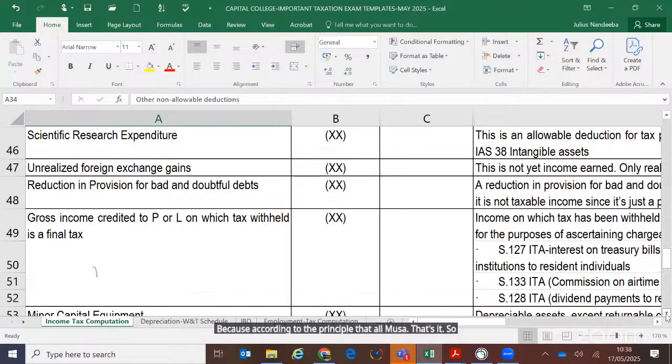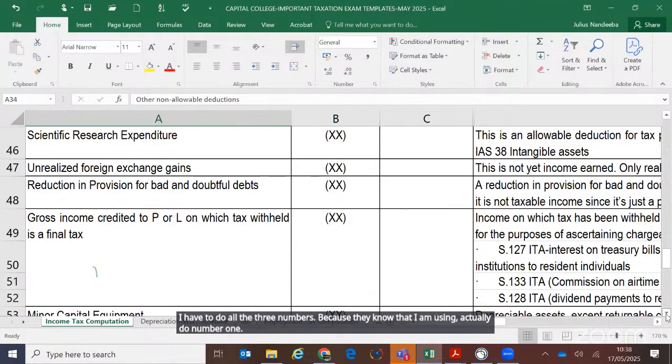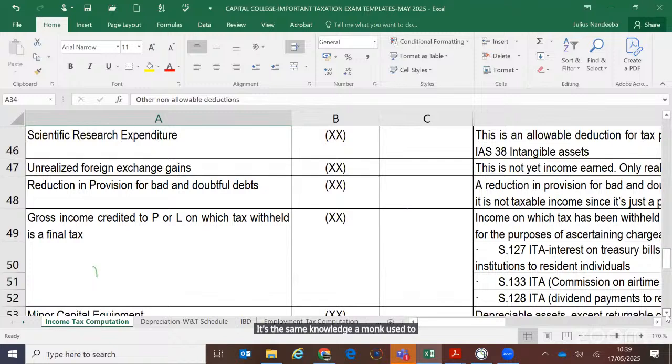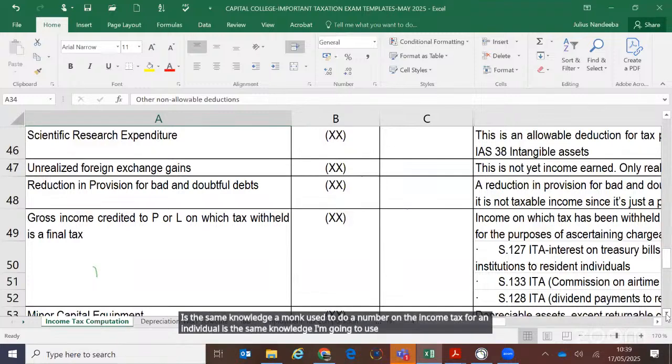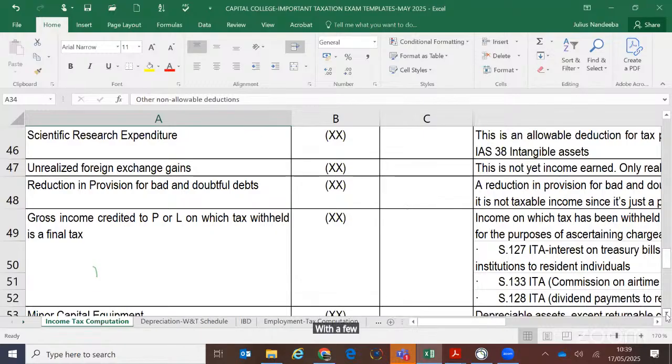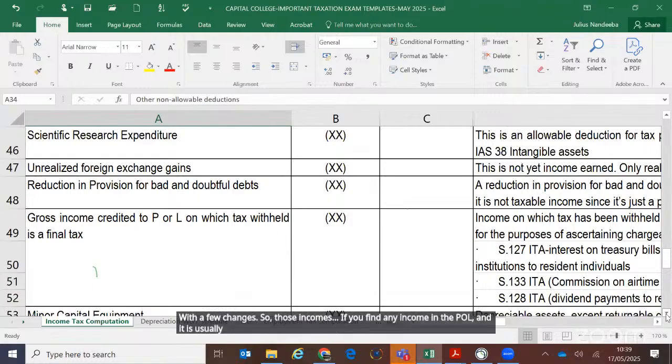So if you find an exam like that, I actually do all the three numbers, because the knowledge I'm using to do number one is the same knowledge I'm going to use for income tax for an individual and for a partnership, with a few changes.